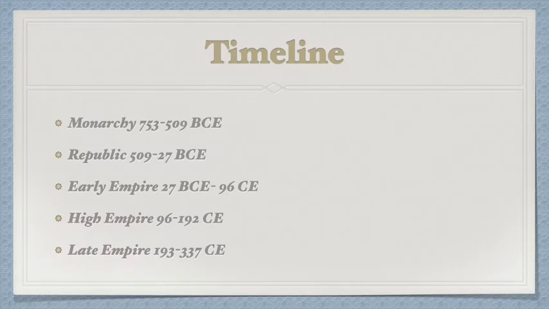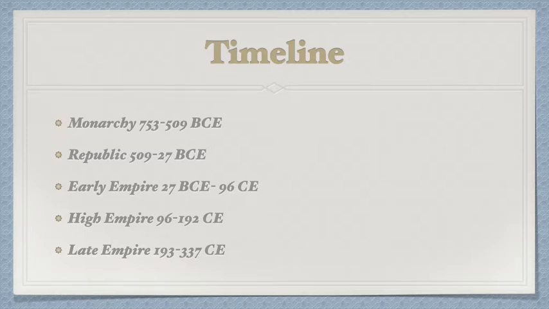First, we're going to have the monarchy from 753 to 509 BCE. Honestly, we're not going to talk about this a whole lot. Basically, following its founding by Romulus, Rome was ruled by kings until there was a revolt against Tarquinius Superbus, and that was the last of the kings.